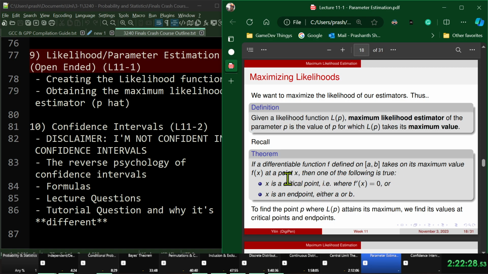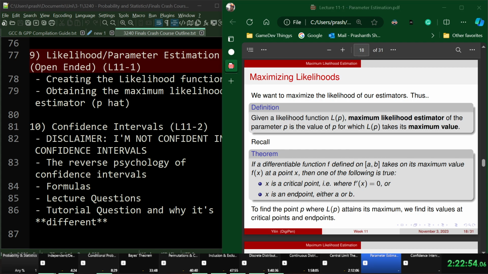So if you're unable to find the critical points, so there's no solution for f prime x equals 0, that means that the critical point, or the point with the highest value, is an endpoint, either 0 or 1, or if it's some other parameter, its minimum or its maximum. But if there is a critical point, then chances are it's probably that.